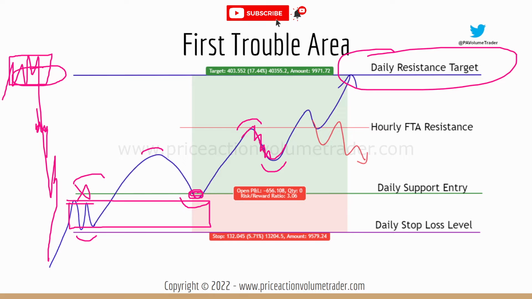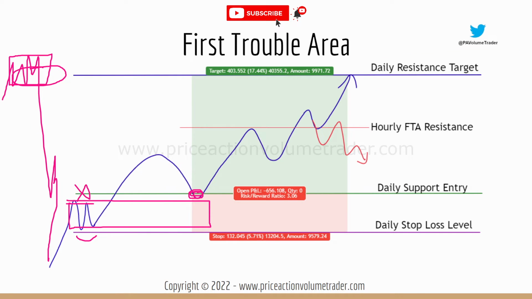But then, like I said, if something like this happens, if you come over here on the hourly, and let's say you break this swing up, but then you come down, and now you print a lower high, and now you break below this swing low here.